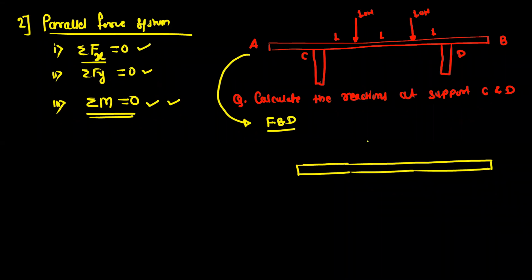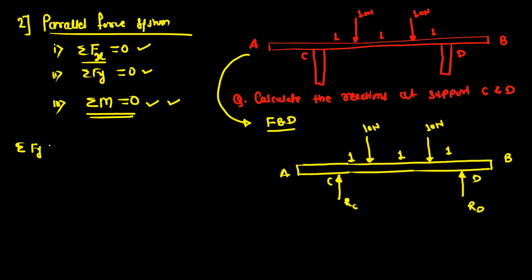You should show the forces as they are. So this is 10 Newton, this is 10 Newton. Then these supports will offer the reaction exactly in the upward direction. So this is the reaction RC and this is the reaction RD. And the distances are 1 meter. These are points C, A, B and D. Okay, use the first condition.